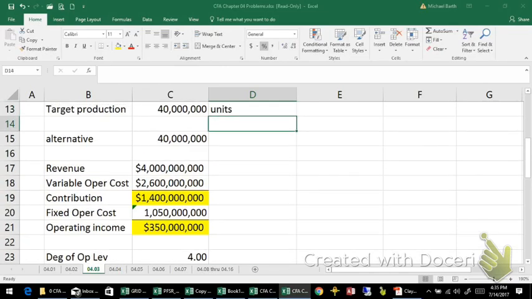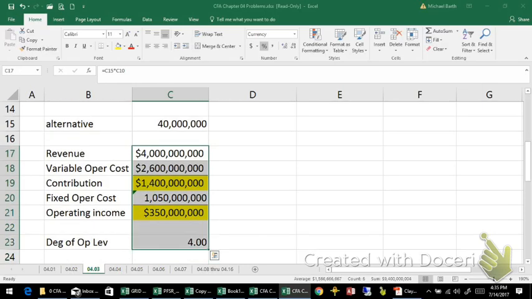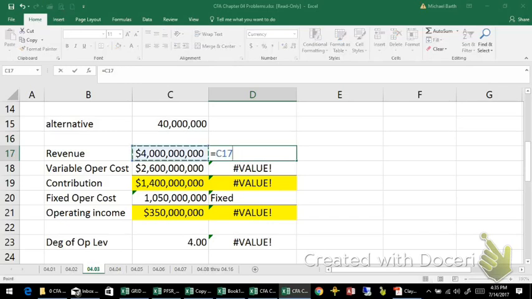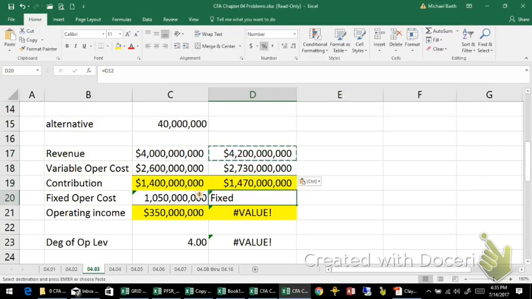Of course, we could have done that down here as well, simply by doing the math here, times 0.05. The variable cost would have done the same thing. The fixed cost wouldn't have changed.